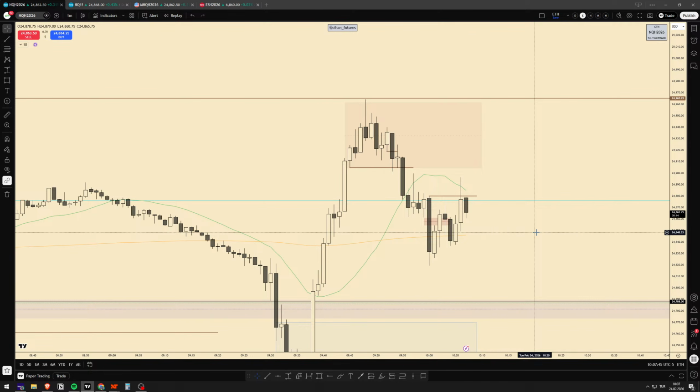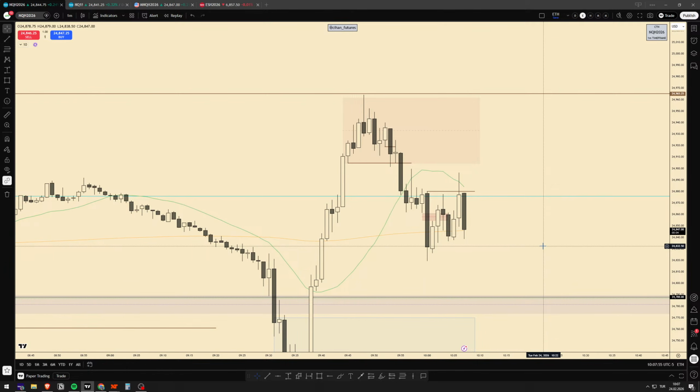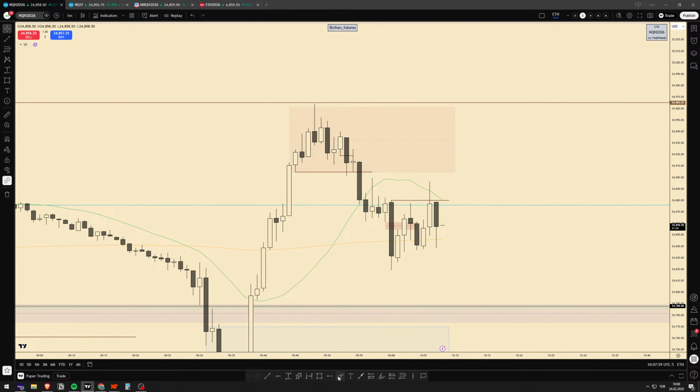I want to see price showing me something more convincing than this consolidation over here, especially the place of that consolidation is what I don't really like. As you can see, price is bouncing from this level and receiving reaction from this level.